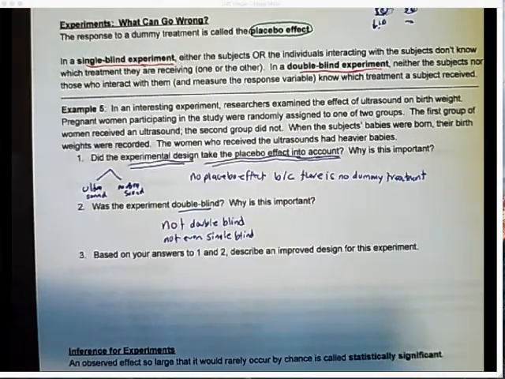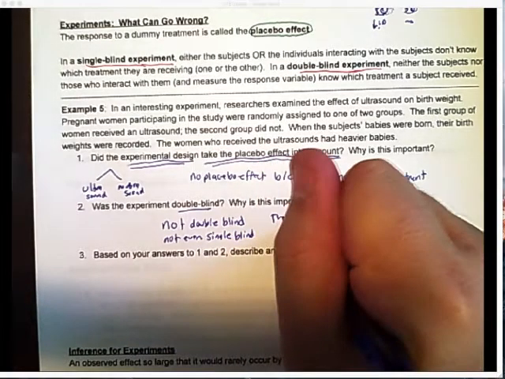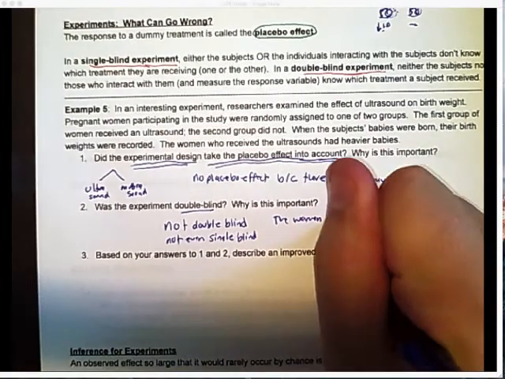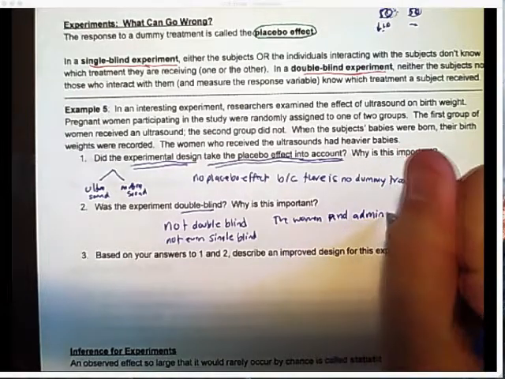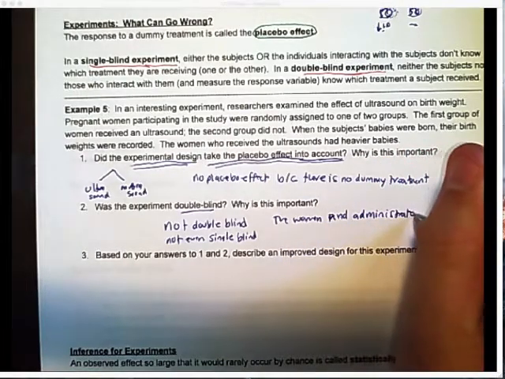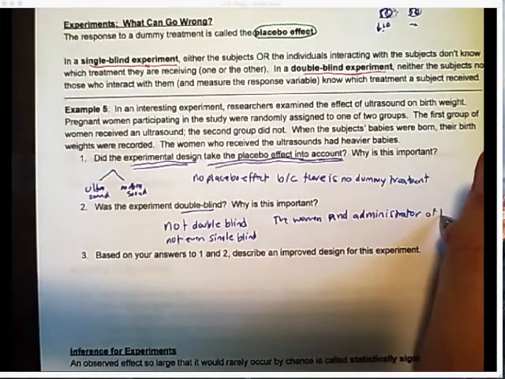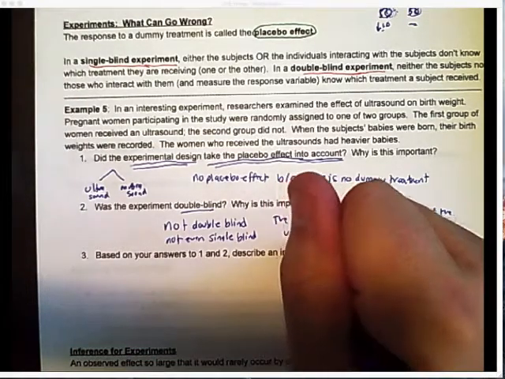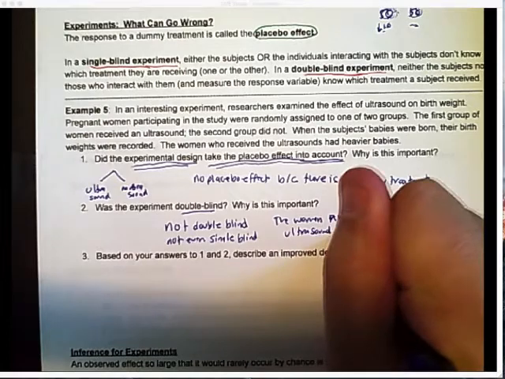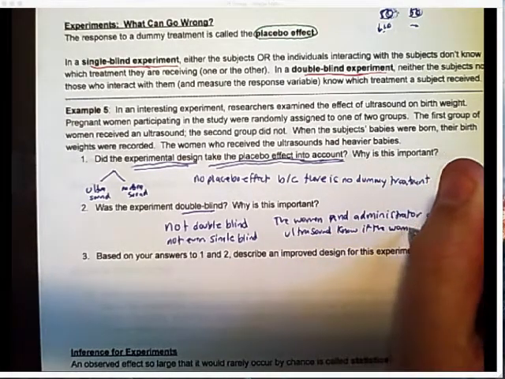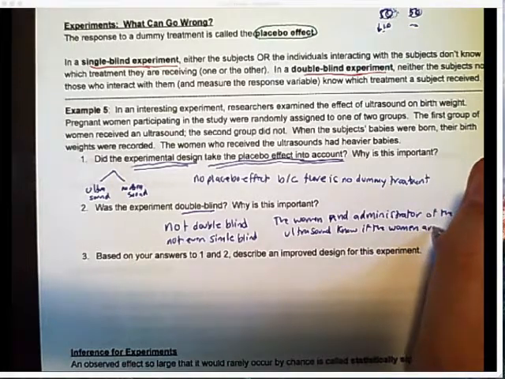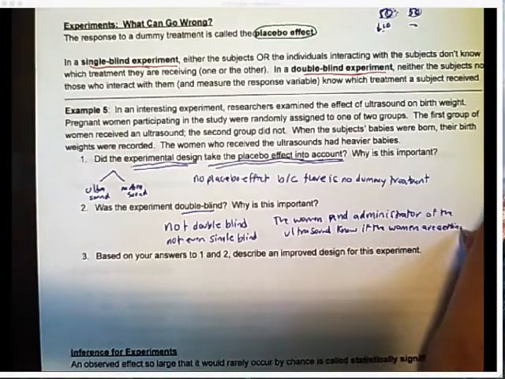The women and the administrator of the ultrasound know if the women are getting the ultrasound.